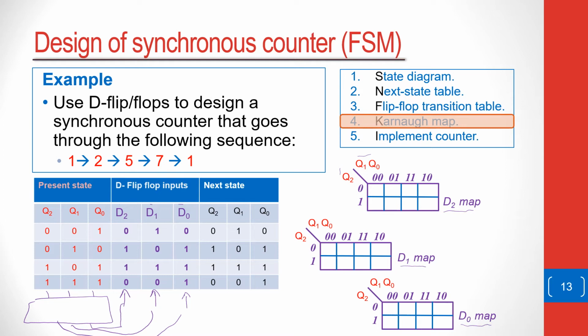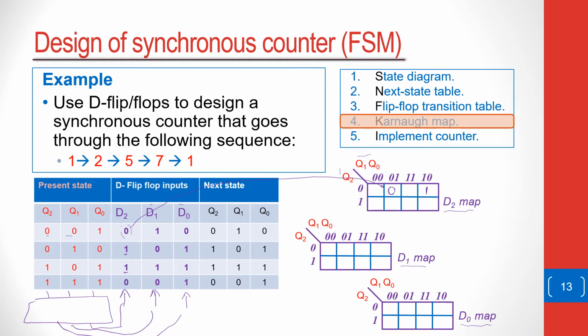So let's take, for example, D2. For D2, we see that there is a 0 at input 0, 0, 1. There is a 0 there. We see that there is a 1 at 0, 1, 0. There is also a 1 at 1, 0, 1.